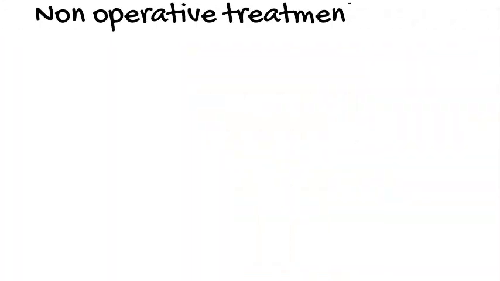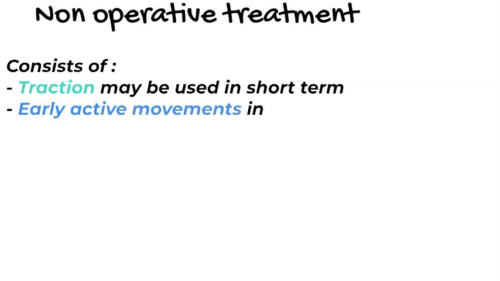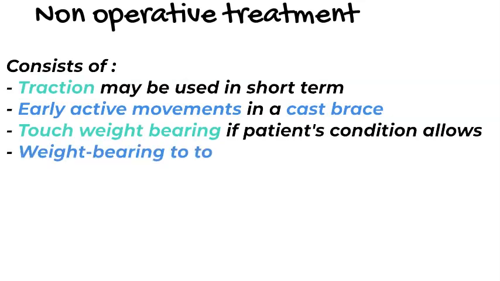Non-operative treatment consists of traction that may be used in the short term, early active movement in a cast brace, touch weight bearing if patient condition allows, weight bearing to tolerance at 6 weeks.